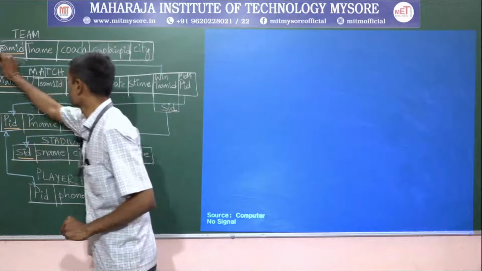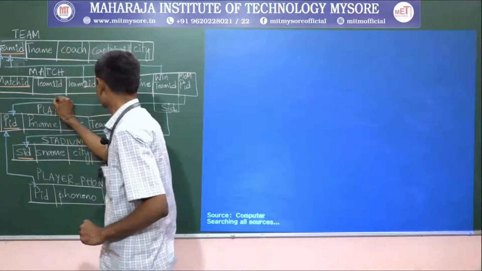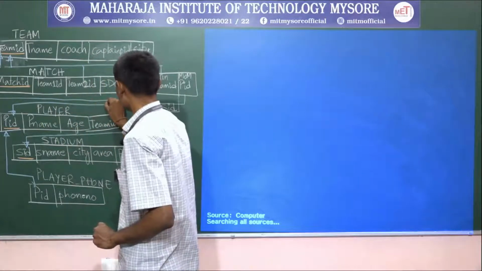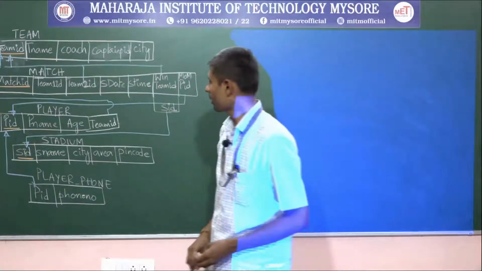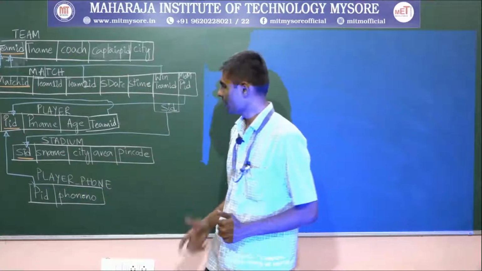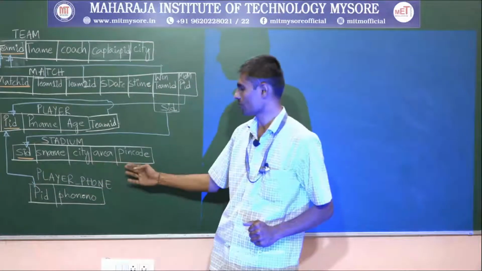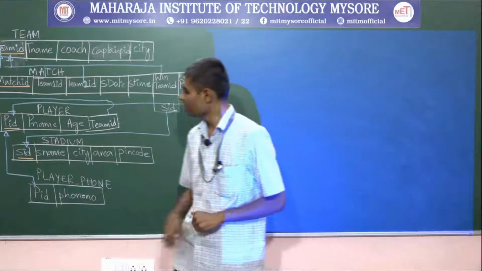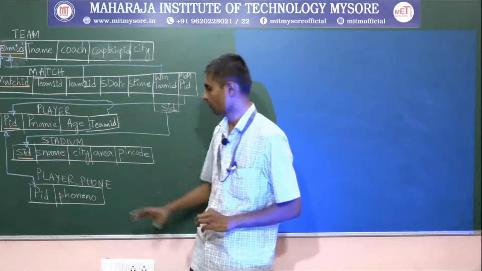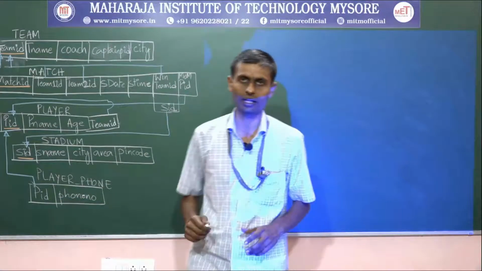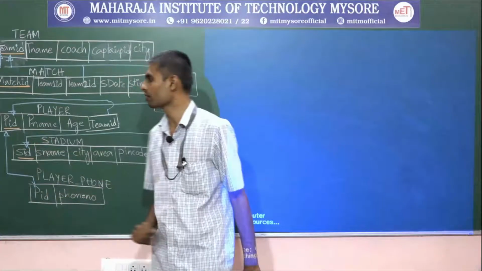A team can contain many players and each player belongs to only one team, that is what we are showing here. Next, we have plenty of stadiums, each identified by stadium ID, SID, having a name, city, area, pin code and so on. These relate to a multi-valued attribute, meaning a player can have multiple phone numbers, which we have shown by creating a separate table, making PID a foreign key pointing to the player table.